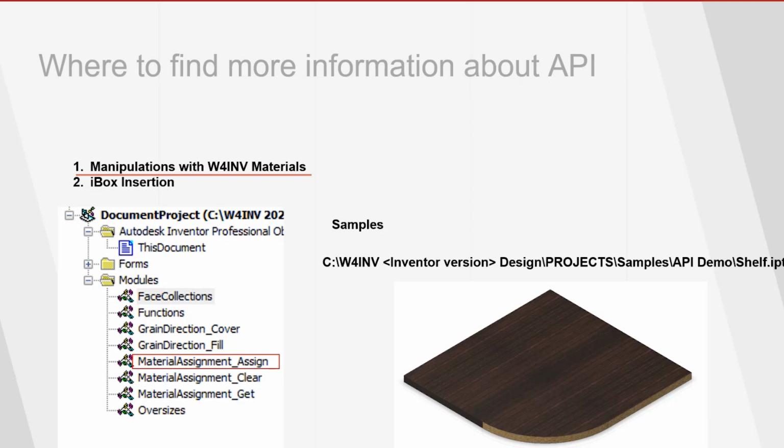Again, there are examples of functions designed to assign a material to a part or selected part faces, and again you need to clear material from the part somehow. And the material assignment get functions are designed to read the material assigned to a part or its face.